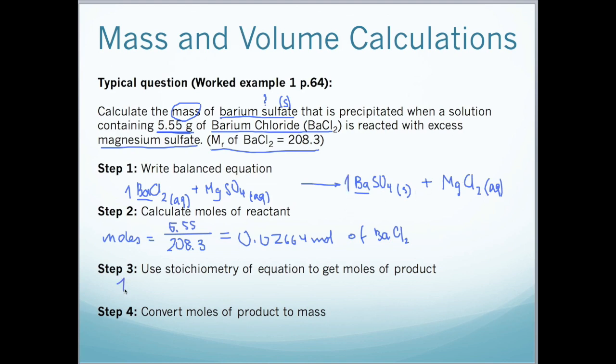Therefore, because the ratio is 1 to 1, the moles will be the same. Therefore, it's 0.02664 mole of BaSO4, which is the product in this case, and that's what we're trying to find the mass of.